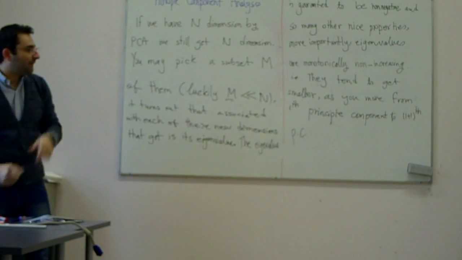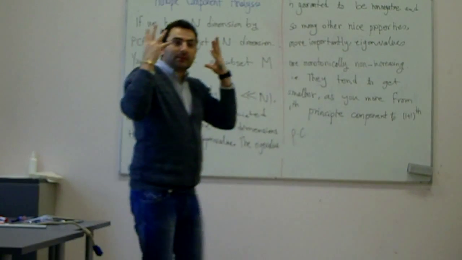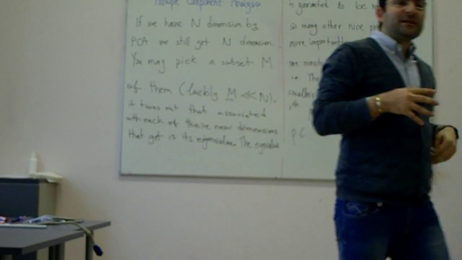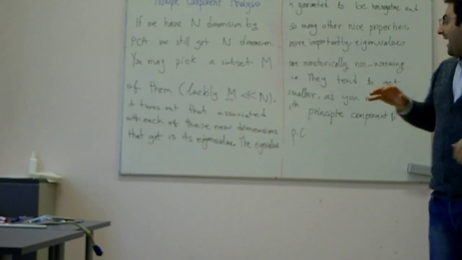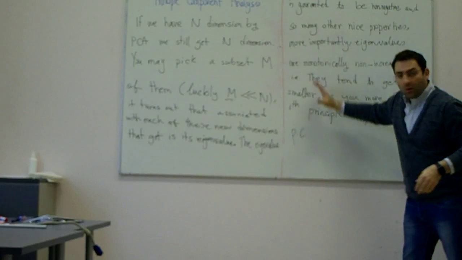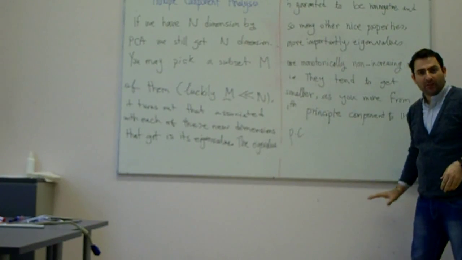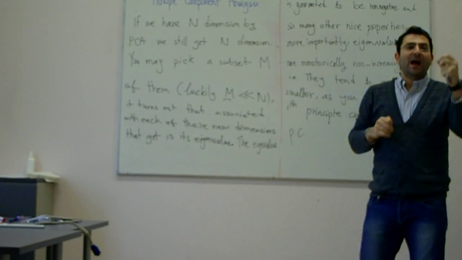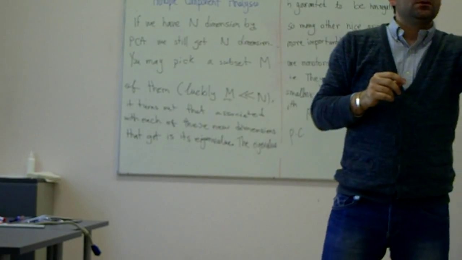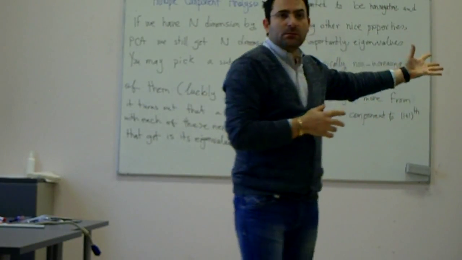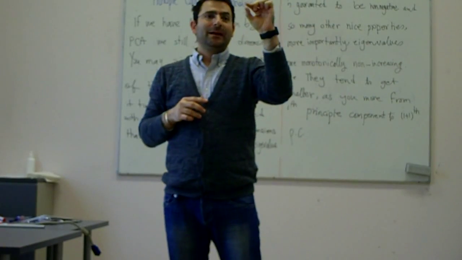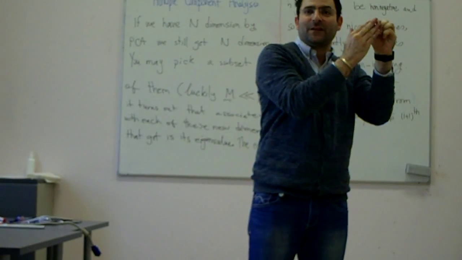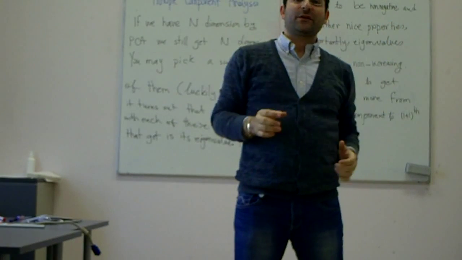Now, if it is 0, we said it is irrelevant. And as we are going down, and if we have higher dimension, these eigenvalues will become smaller and smaller. Now, if the eigenvalue is very small, it means that the relevance of that direction to our data is very small.